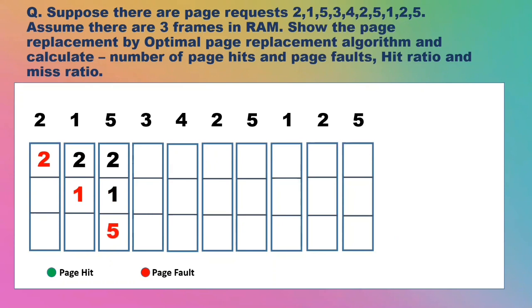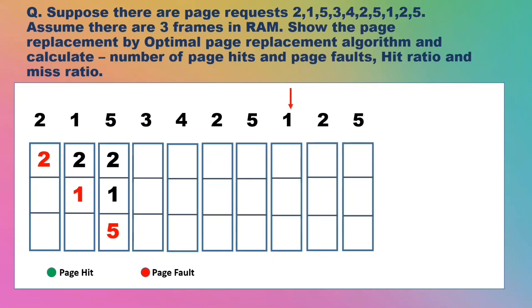Now 3. So we have to see in the future that between 2, 1 and 5, which page is going to be used most later. So between 2, 1 and 5, page 1 is used most later.